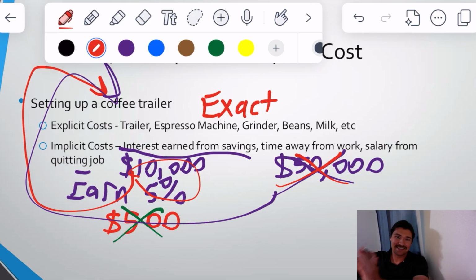So we need to consider the cost of that. So again, explicit cost, everything that is associated with business, goes over here with explicit cost. Everything outside of that you're giving up in order to do this is your implicit cost. And that's going to make a different profit number, which we'll talk about in a bit.